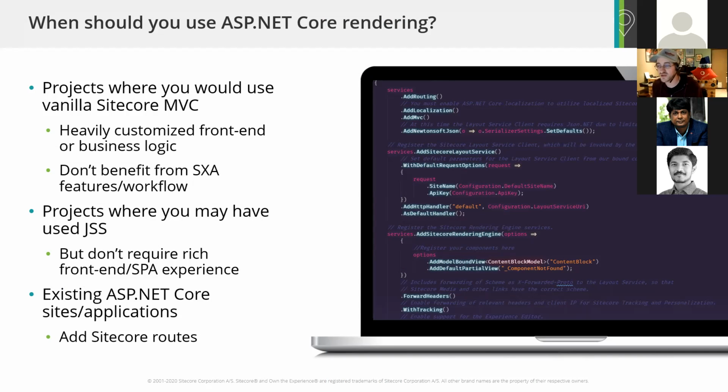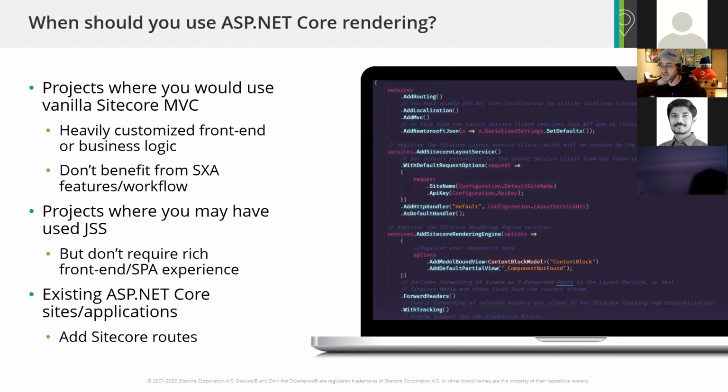If there are projects where you would have used JSS to get that headless architecture, but don't need the rich front end SPA experience, or maybe you aren't a JavaScript expert, ASP.NET Core might be a good option. Or existing ASP.NET Core sites and applications where you just want to sprinkle in some Sitecore, add Sitecore routes to them. This is a great option there.